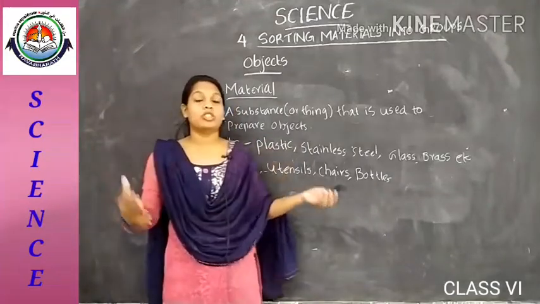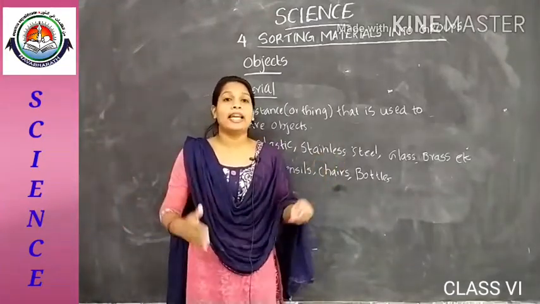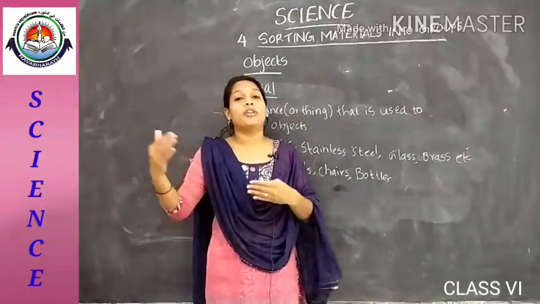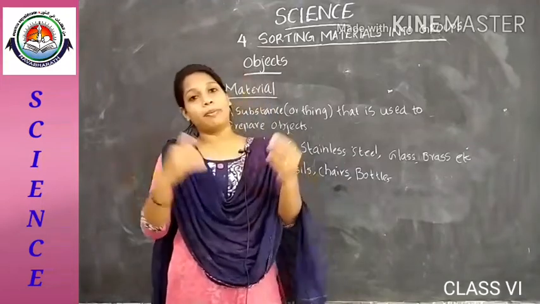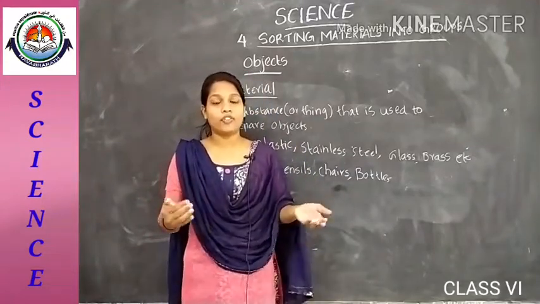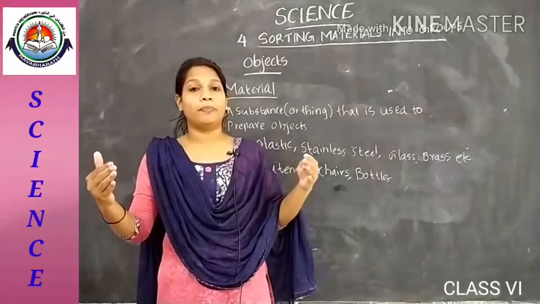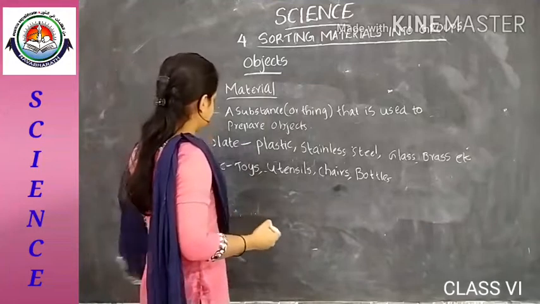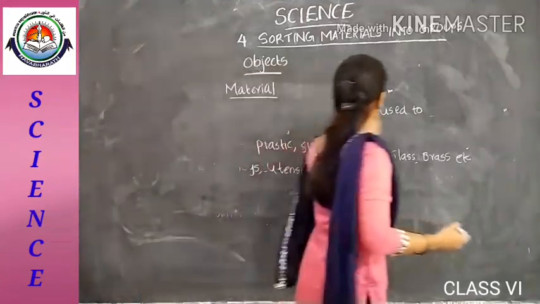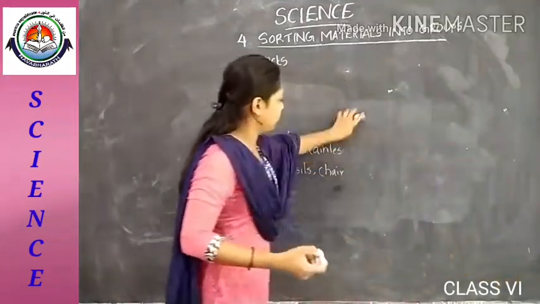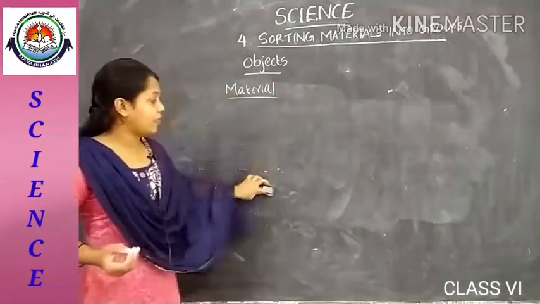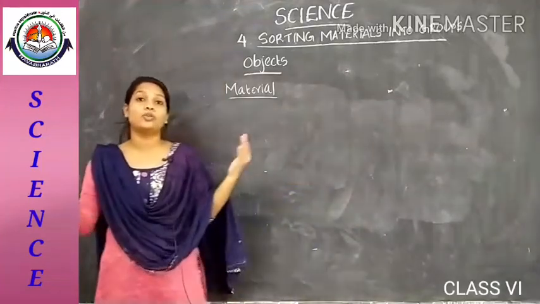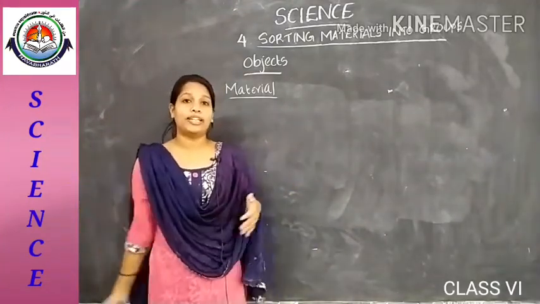And there are chances of making different types of objects, making things from the combination of different materials. Like in the case of industrial products like biscuits. What are the things that are used to prepare a biscuit? We have studied it in our previous chapter, that is sources of food. Different ingredients are used to prepare different types of food items.